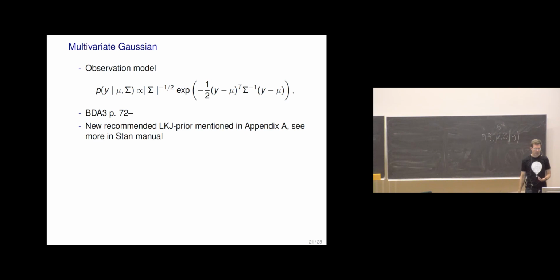The book mentions the conjugate prior in chapter 3, but in appendix A there's a newly recommended LKJ prior, and the Stan Manual also has more about it, if you happen to use it.